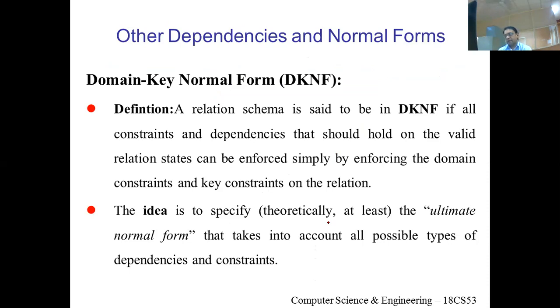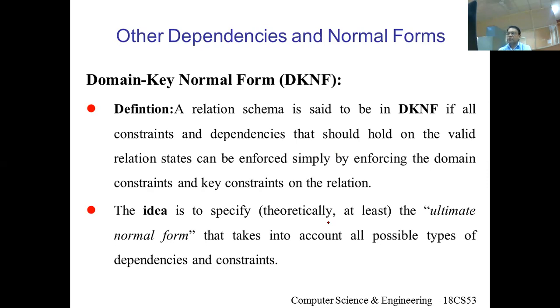A relation schema is said to be in domain key normal form if all the constraints and dependencies that should hold on the relation states can be enforced by using domain constraints and key constraints on the relations. The domain constraint is nothing but the data types, and key constraints include primary key, foreign key, referential integrity constraint, entity integrity constraint, unique constraints, all those things. We can enforce these constraints using keys and domain constraints.